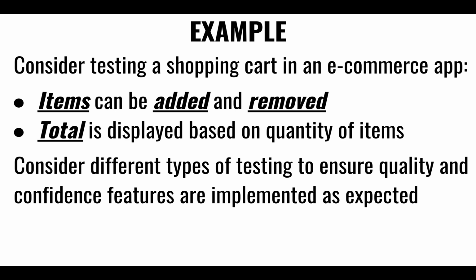So here's an example of considering the same use cases that we looked at earlier, the same user stories of interacting with a shopping cart, and what would the test look like from the point of view of the QA engineer.